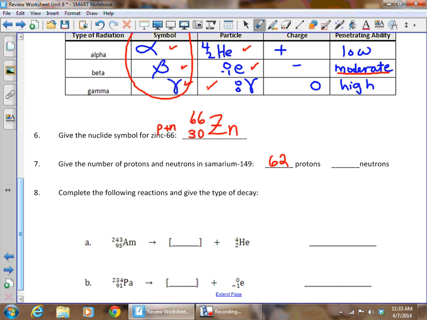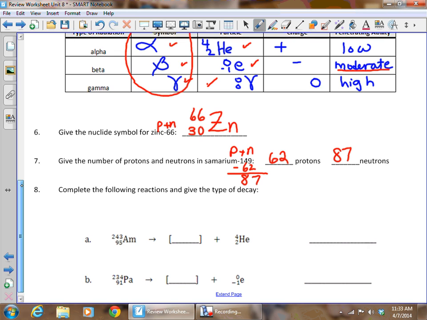And like I said just a moment ago, this number is protons plus neutrons, and that's the number that goes on top when you're writing the symbol. That also tells you that if we just simply subtract that 62, we're going to end up with 87 for our number of neutrons. Protons plus neutrons gives us that top mass number.